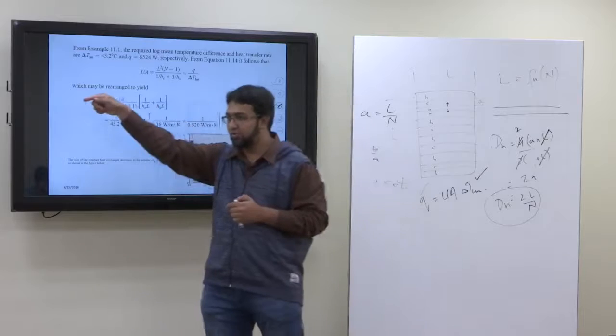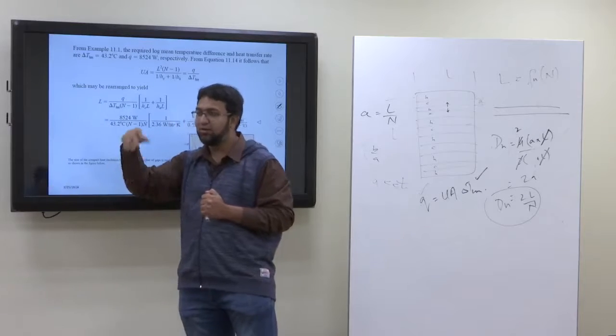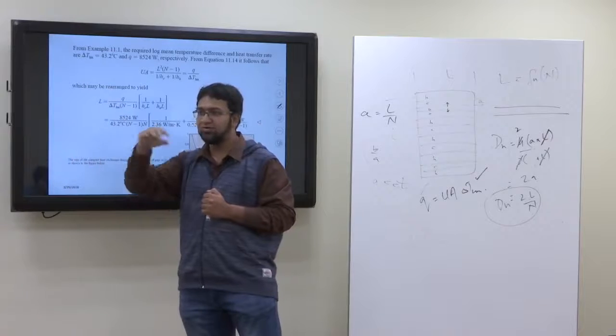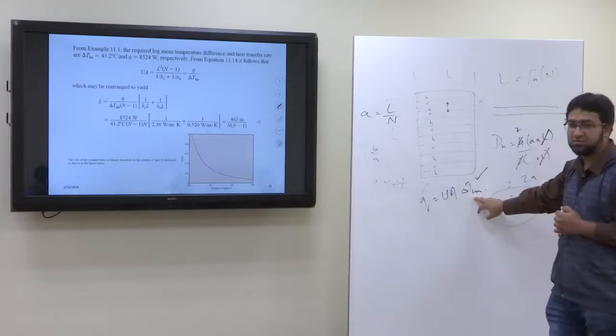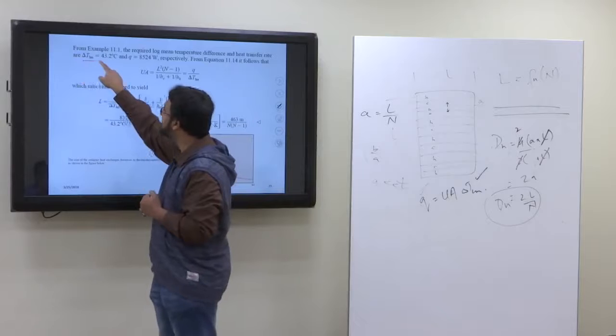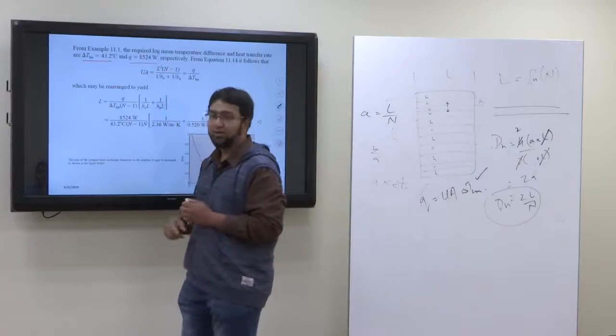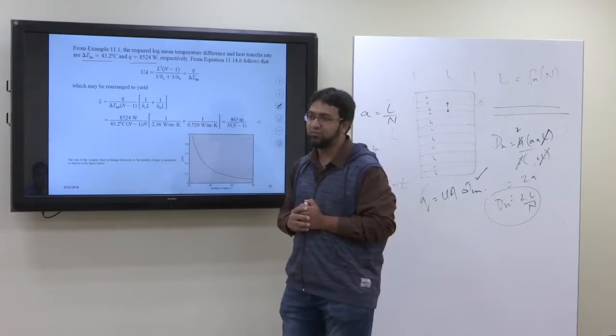So find out the cold outlet. Cold inlet is known. So now you know cold inlet, cold outlet, hot inlet, hot outlet. If you know all these four parameters, you can find the log mean temperature difference. So we computed these values in the last numerical, and here they are just taken directly from there.